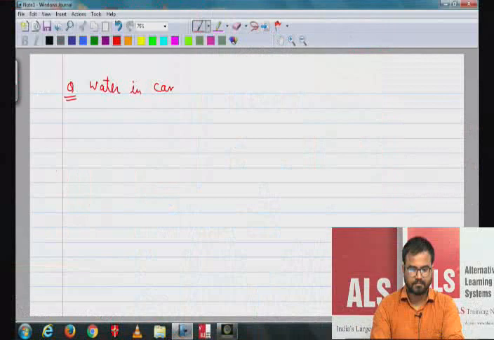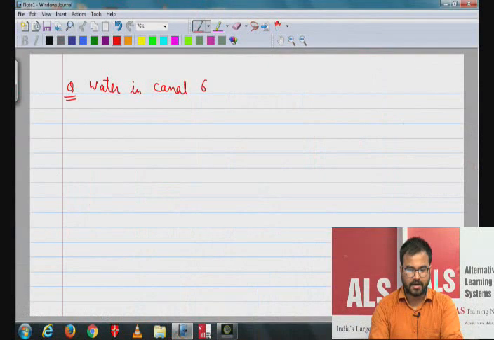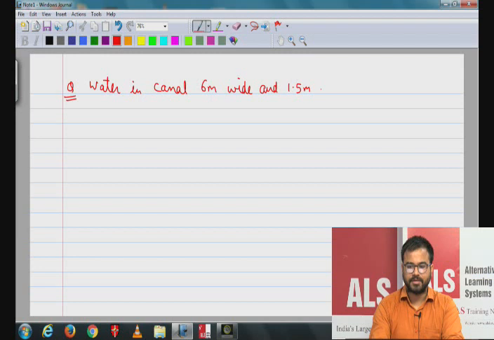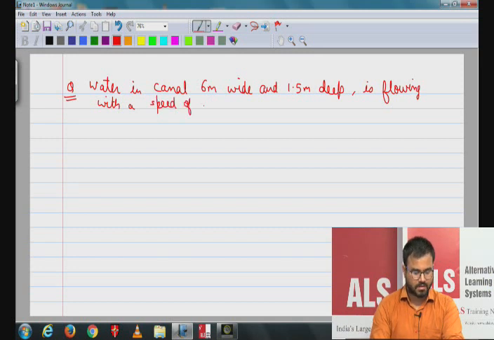So the question says, and all of you try this. Water in a canal 6 meter wide and 1.5 meter deep is flowing with a speed of 10 km per hour.